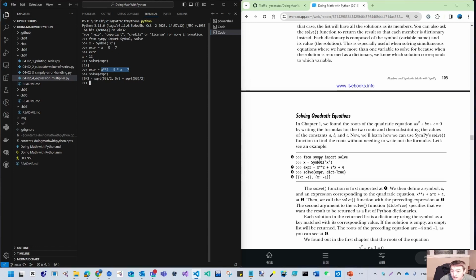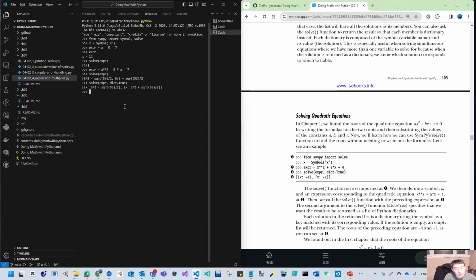So we have already practiced this. Here it gives us a list, but if we set dict equal to True, then we will get a dictionary.